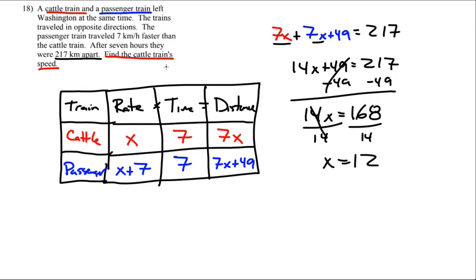So what is the cattle train's rate? The cattle train's rate is 12 kilometers per hour. That is the rate of the cattle train.